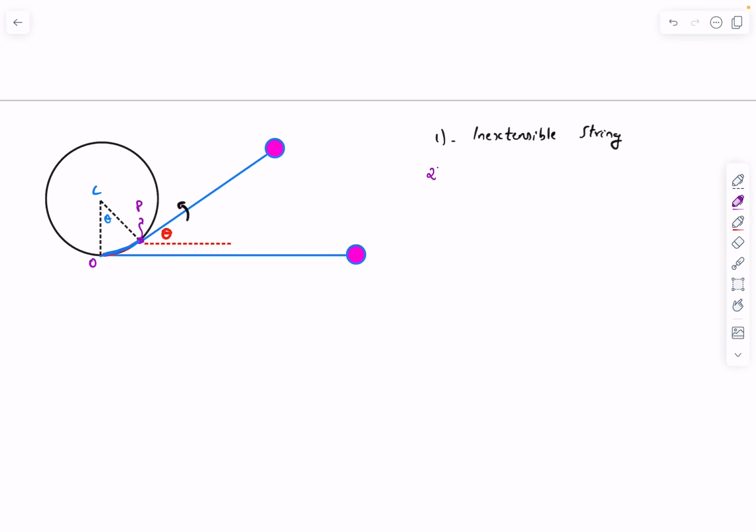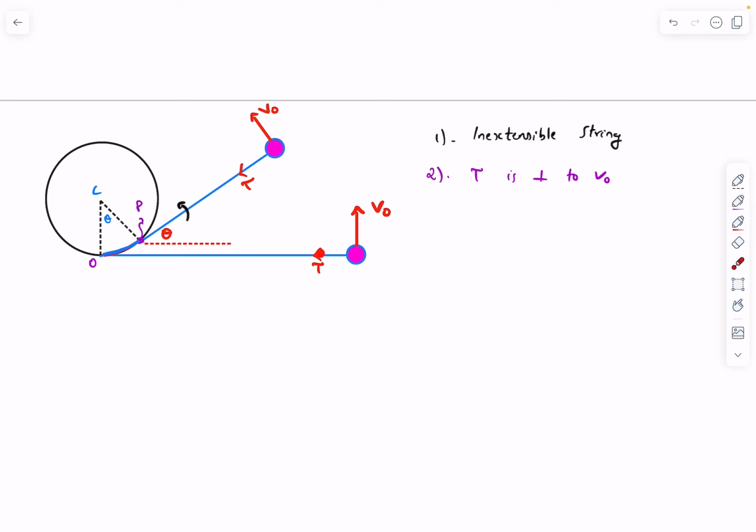Now the second idea is that the tension force is actually perpendicular to V naught. So if you observe, it was given that the particle was projected perpendicular to the string. Now as the tension T is perpendicular to V naught, and it is perpendicular to the velocity vector at all times, what that actually means is the velocity V naught has a constant magnitude throughout the motion because there is no force in the tangential direction that can change its speed.